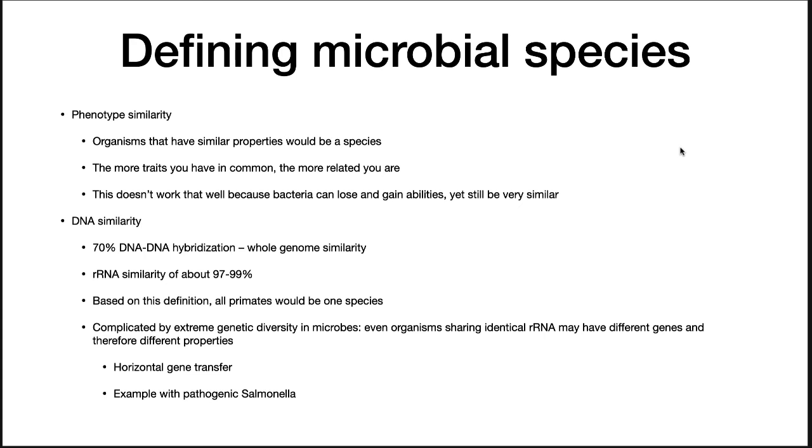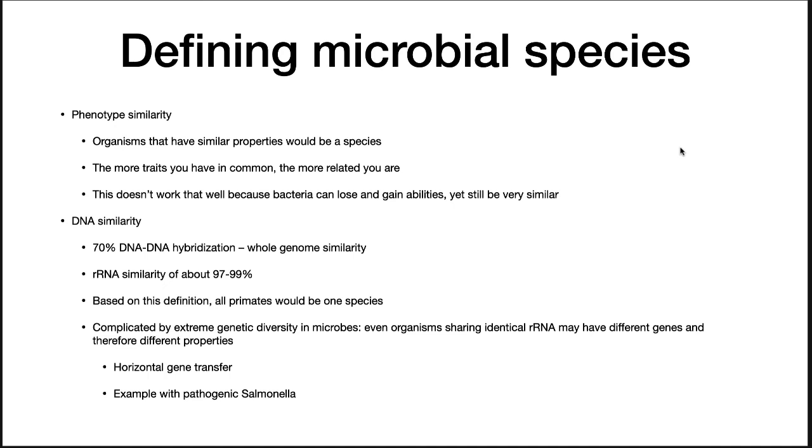Next, they tried examining the DNA. Before DNA sequencing, they would run hybridization experiments. The higher the rates of hybridization between the chromosomes, the more related the organisms were. An arbitrary cutoff of 70% hybridization was used to define a species.